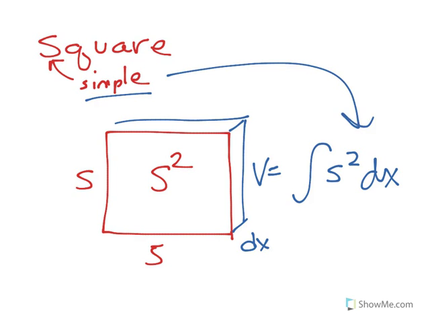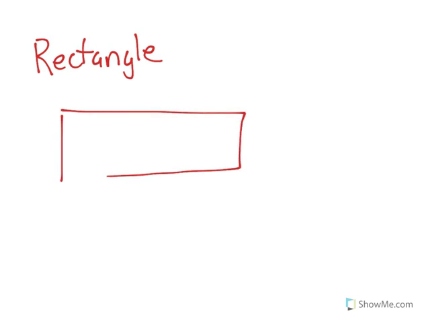The next type will be a rectangle. And they'll always give you some information about the rectangle, such as the height of the rectangle relative to the length. Let's call the length S. The height of it is 1/2 of the length.